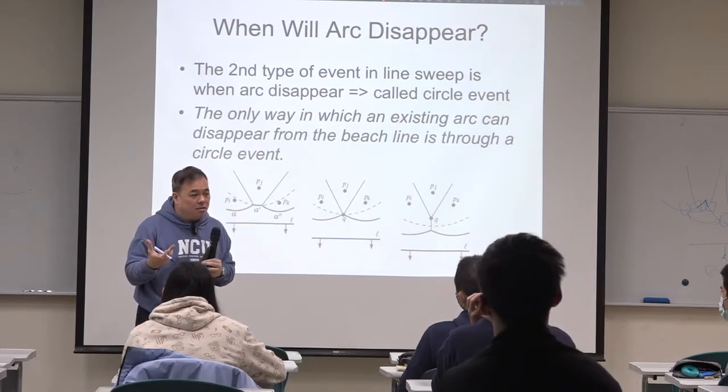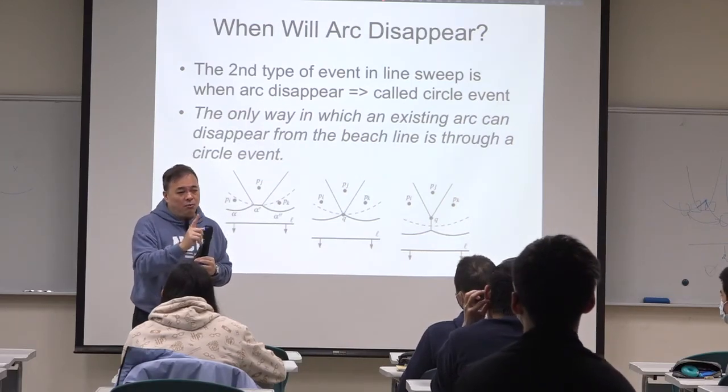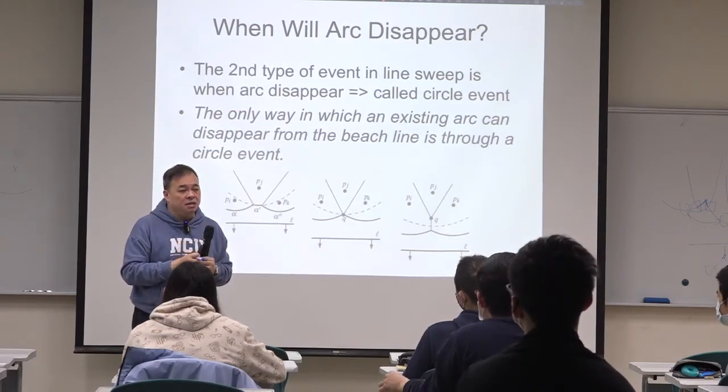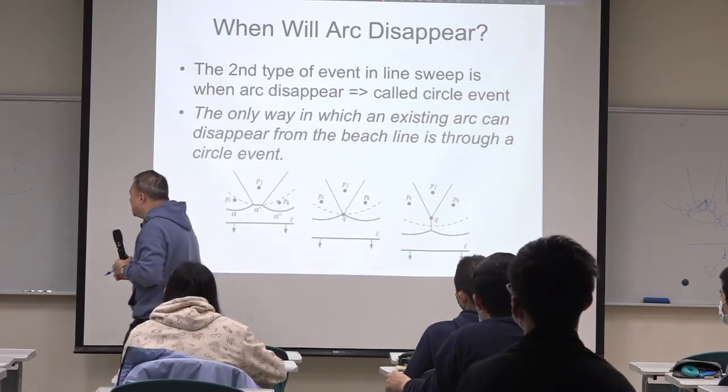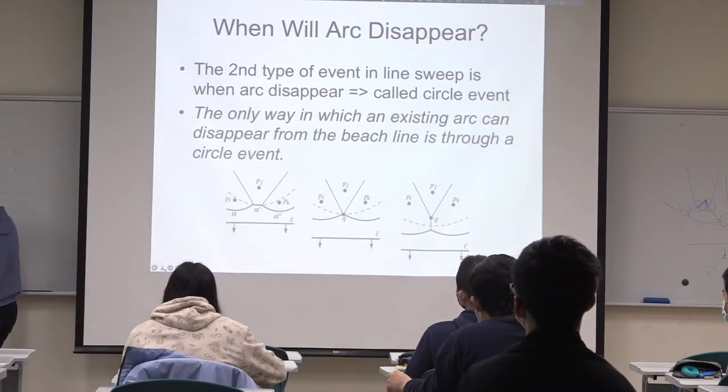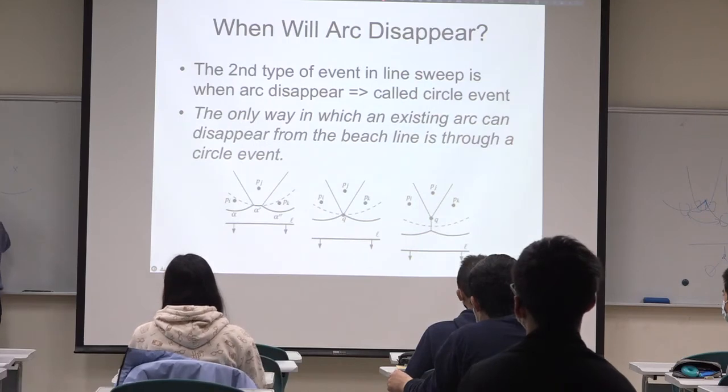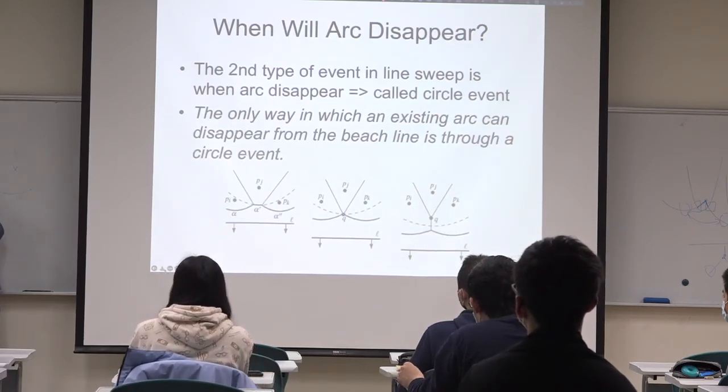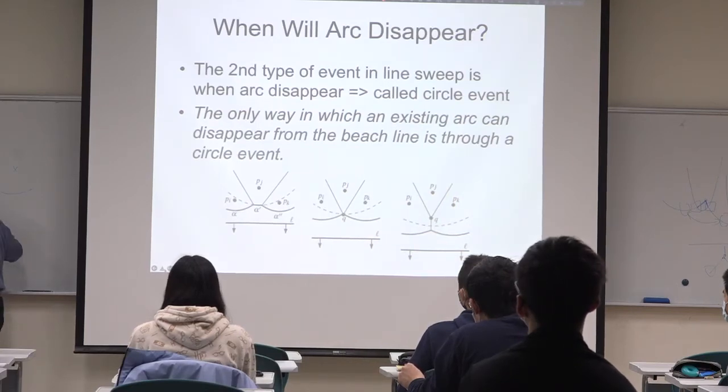But only one of them may really occur, because when it goes down, maybe this one will vanish. When this one vanishes, it becomes like this, gradually disappeared.